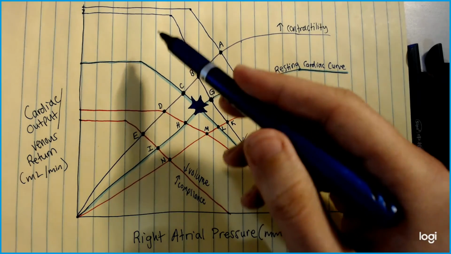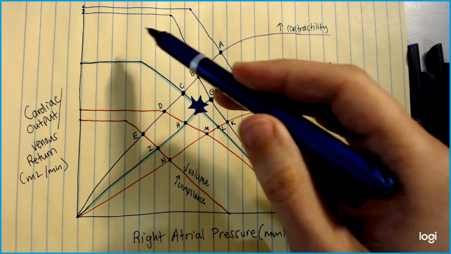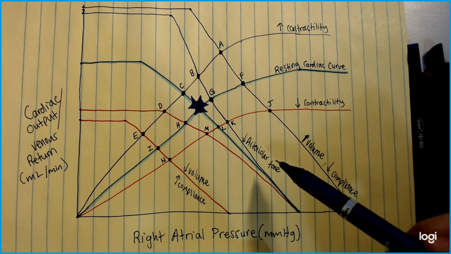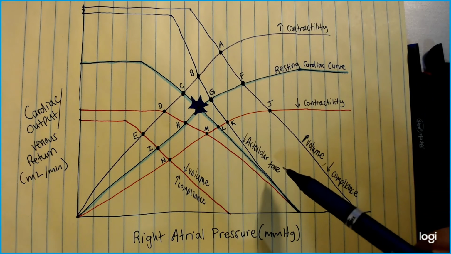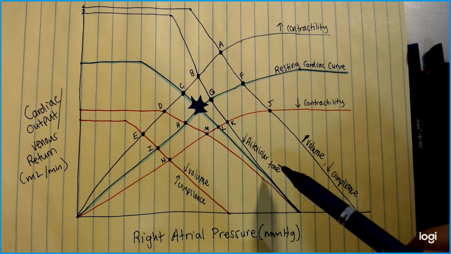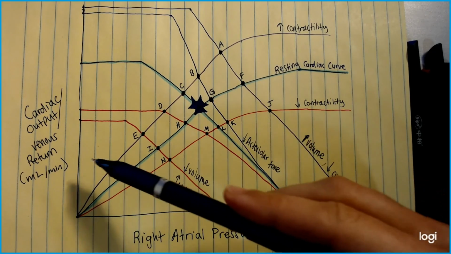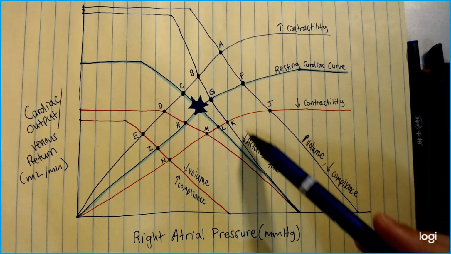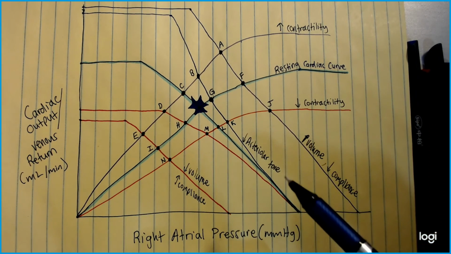And so that's why you see it's up here, because more blood flows to the veins if there's a decrease in arteriolar tone or arteriolar resistance. So there's an increase in blood going to the veins, and that'll cause an increase in venous return. And so that's why it's one of these lines up here. Okay, so that's a decrease in arteriolar tone.